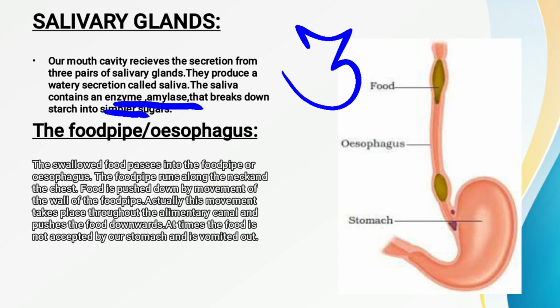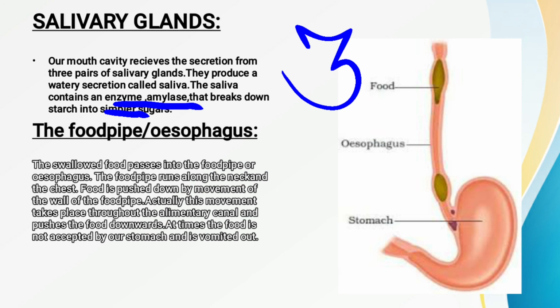Now see what happens, whatever food item we are eating, every kind of food item is rich in different kinds of nutrients. Some food items are rich in sugar, some in starches, proteins, carbohydrates, etc. But the enzyme present in saliva is called amylase.